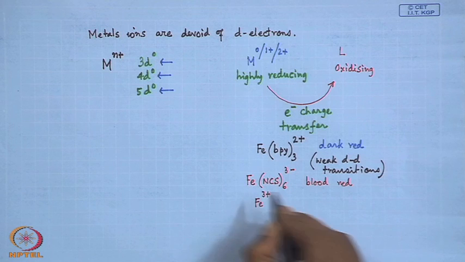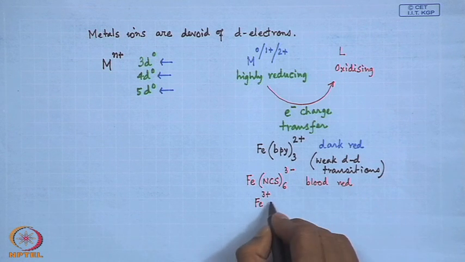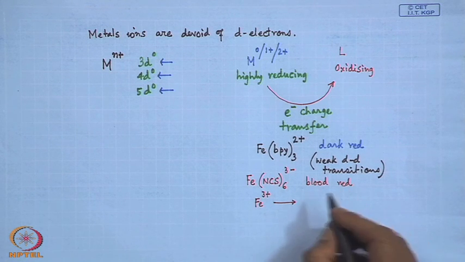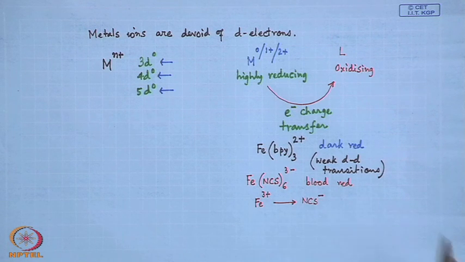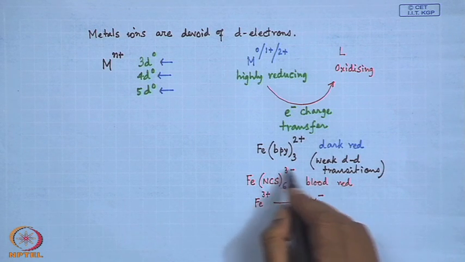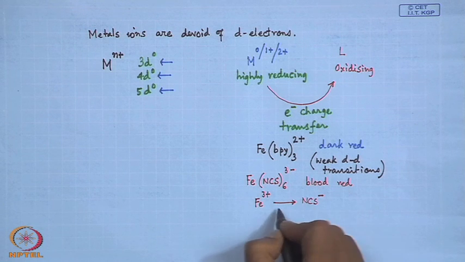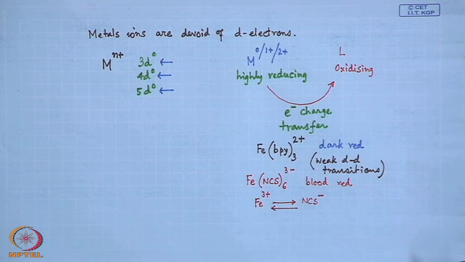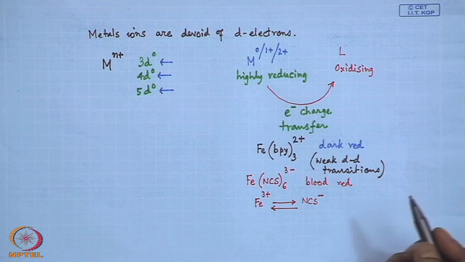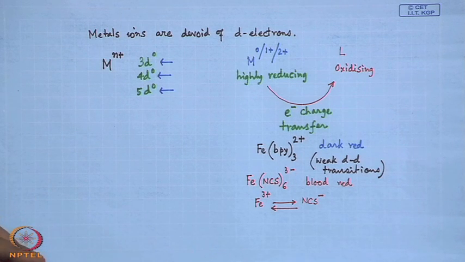Though this is not in the usual low oxidation state, iron is present as iron 3 plus and NCS is there. So, in this particular case we can have the corresponding charge density from this direction or in this direction. So, we will find out in which direction the charge transfer can take place.